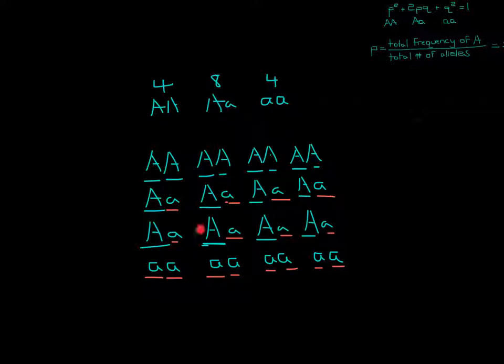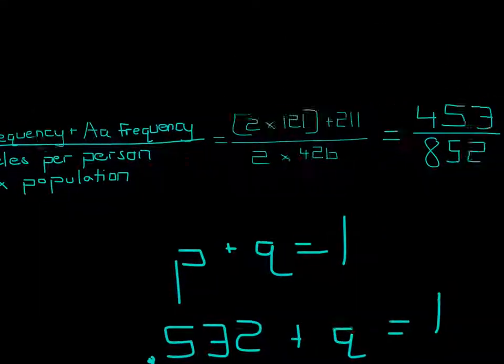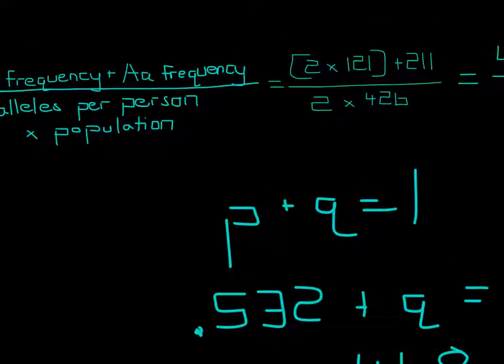And then for this population, how many small a's are there? Well, once again, there's 8. So that's why we don't have to change it. We don't have to multiply by 2, because if they're telling you that there's 211 people, that means there's going to be 211 big A's or small a's. So in this case, since we were calculating the big A frequency, we know that there's 211 big A's.